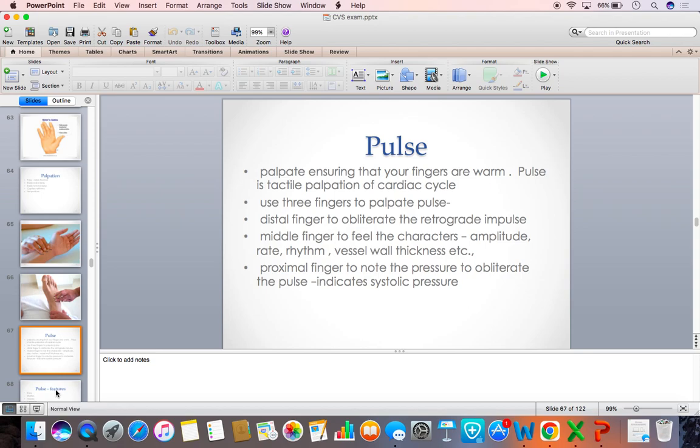The amount of pressure needed to obliterate the pulse roughly denotes the systolic pressure. This is how the three fingers are used to palpate the pulse.